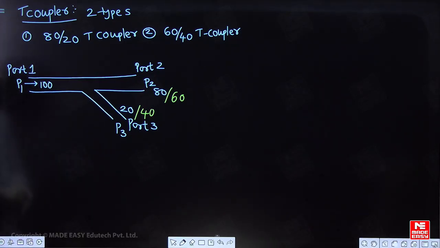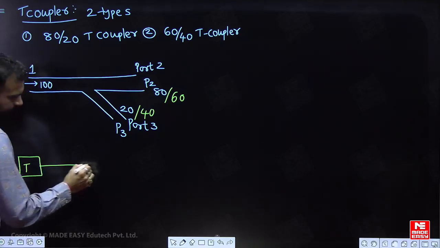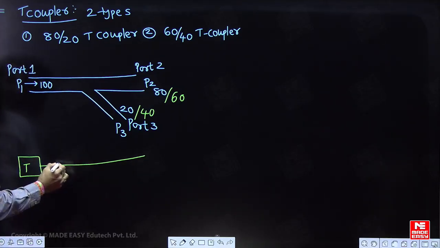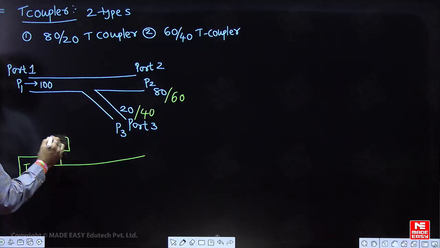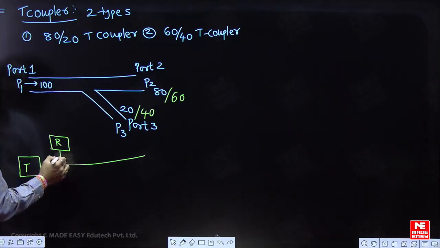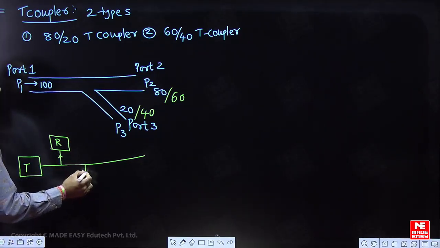Now in T coupler, I will show you the diagram. So this is what we study in the topic T coupler. T stands for transmitter. If you connect by the T coupler, we have only one way communication.